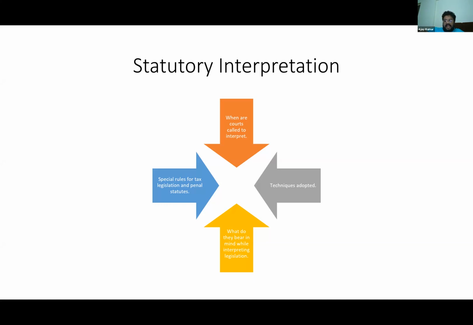Now, the first thing a court is going to look at when it's reading this is the intent of Parliament, and that comes under techniques of doctrine. Now, why is this law made? Some acts have a preamble. They tell you the rationale behind the law. And every bill presented in Parliament must come with a statement of objects and reasons for the bill.